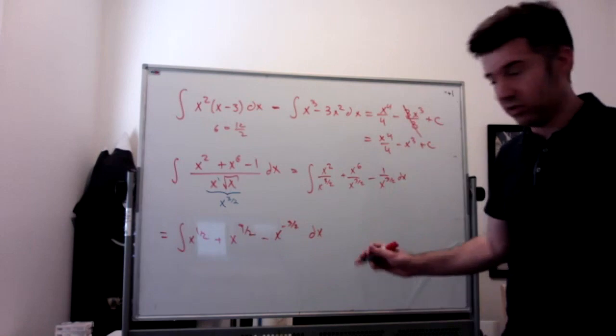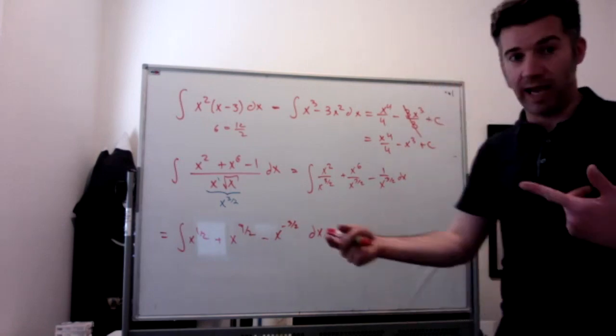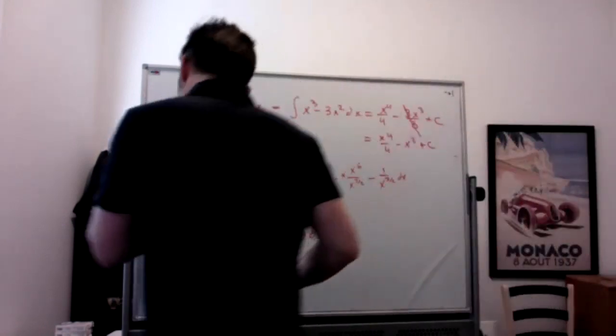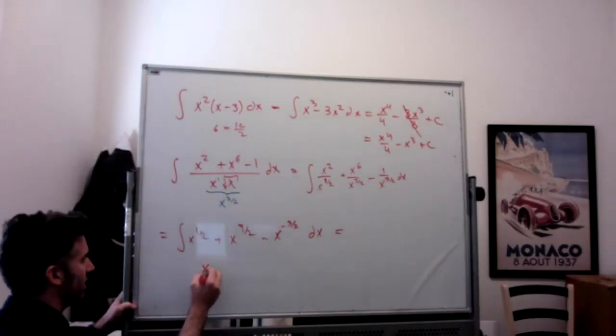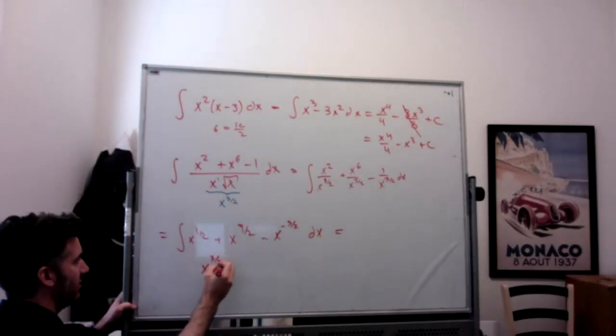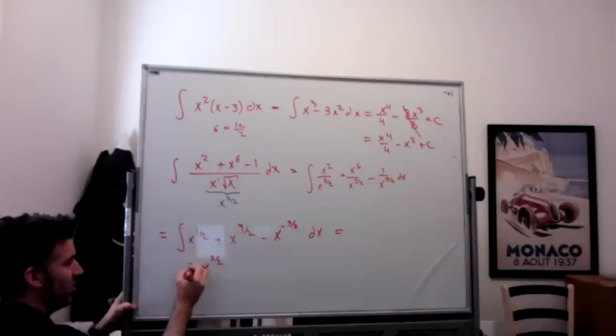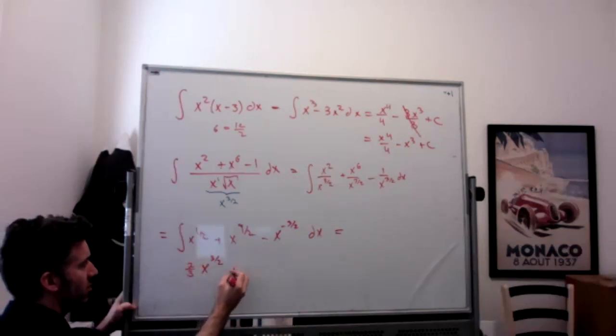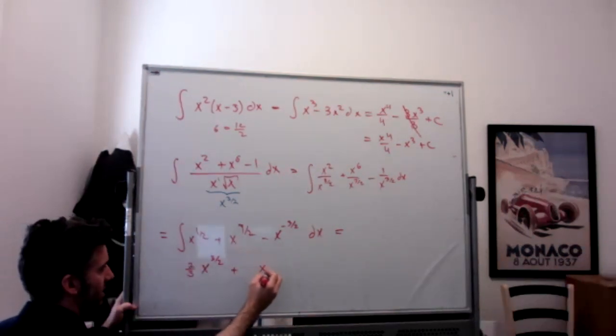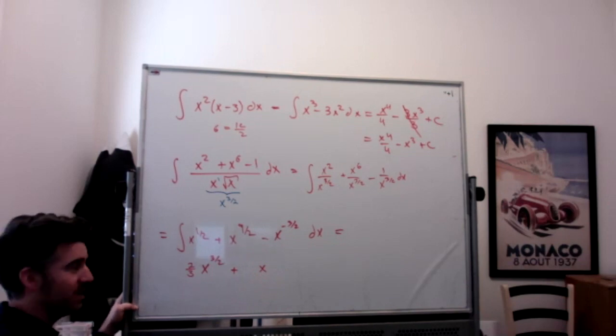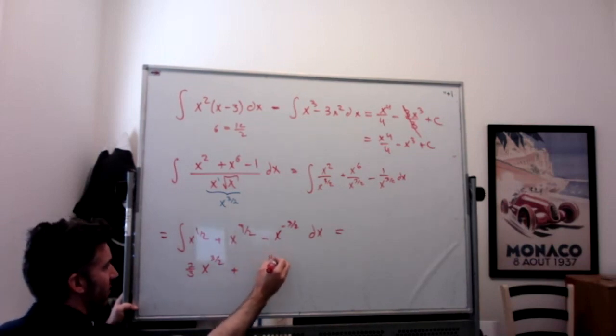And then we're going to antidifferentiate using the antipower rule. So we're adding 1 and dividing by the new power. Here we're going to get x to the, let's see, add 1 to 1/2, you get 3/2. Divided by 3/2 is the same as multiplied by 2/3. Plus, here we're going to get x to the, let's see, 9/2 plus 1 is 9/2 plus 2/2, which is 11/2.